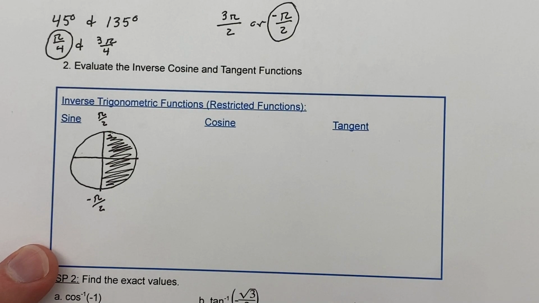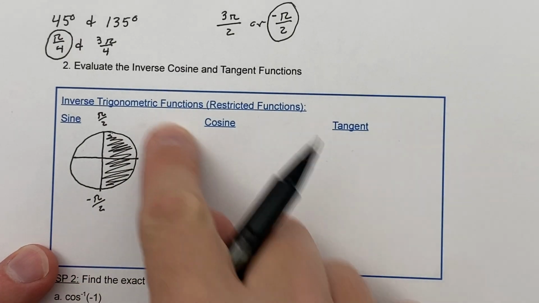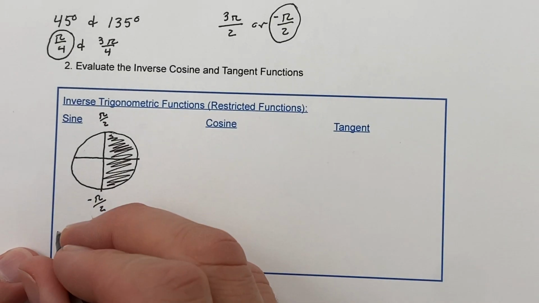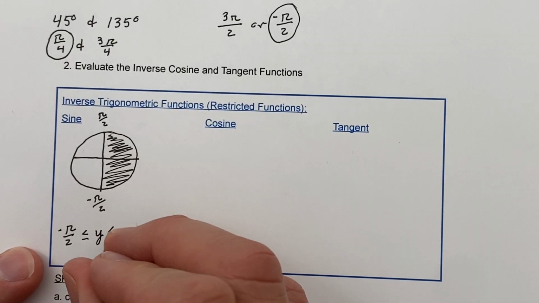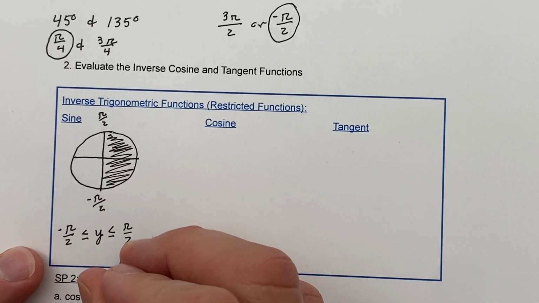We would like to say 3 pi over 2 to pi over 2, but that is actually opposite. That would be over here, if that makes sense. So that's why they go negative pi over 2 to pi over 2. So if you need to write that, negative pi over 2 to pi over 2.